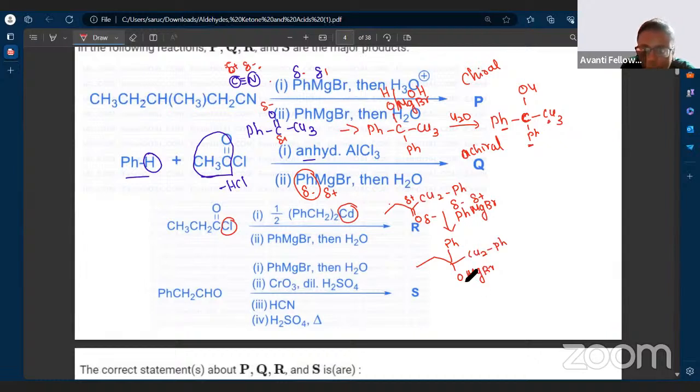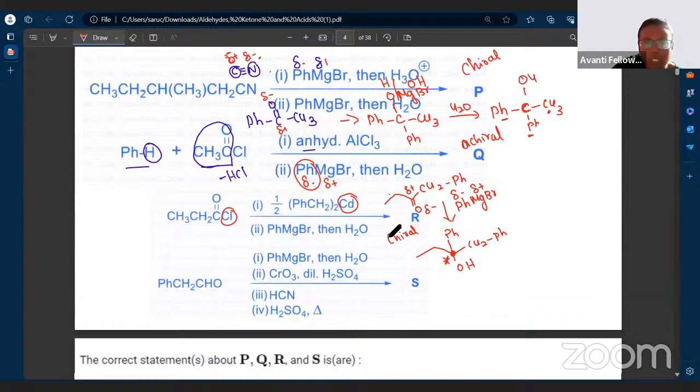Now you're doing the hydrolysis, so MgBr will take up hydrogen and OH, and you'll be getting OH over here. Now, does R contain any chiral carbon? Yes, it has a chiral center. This is your chiral center. So R is chiral.